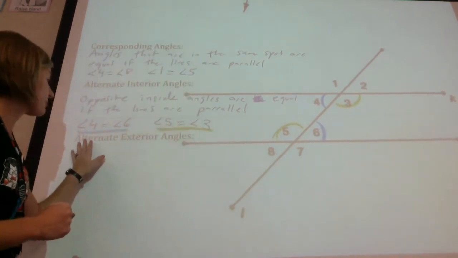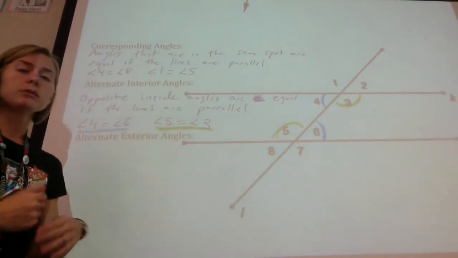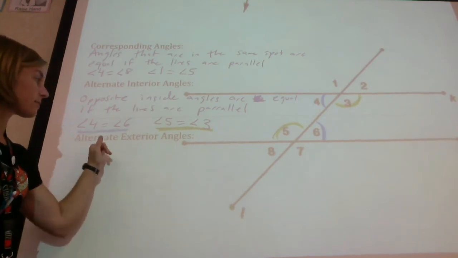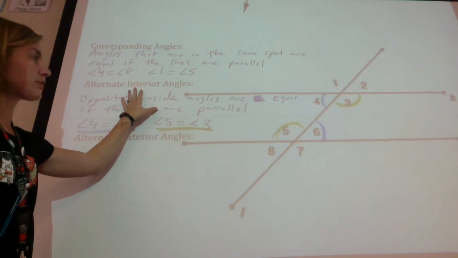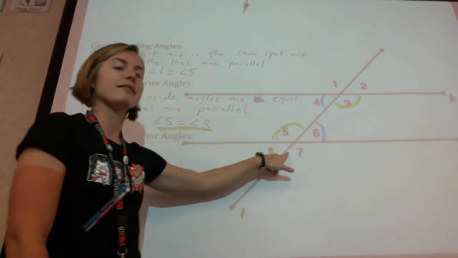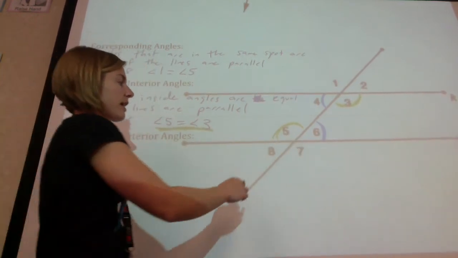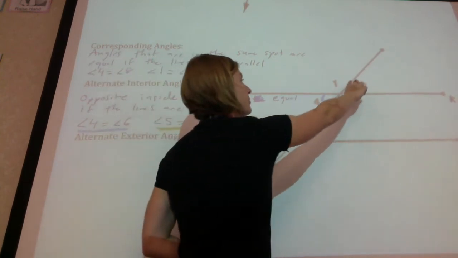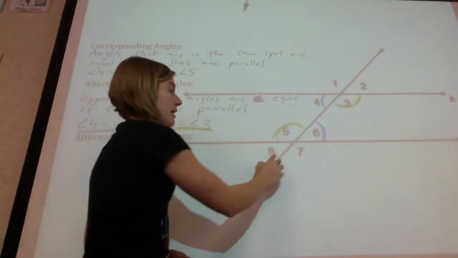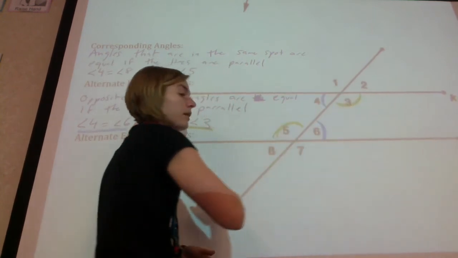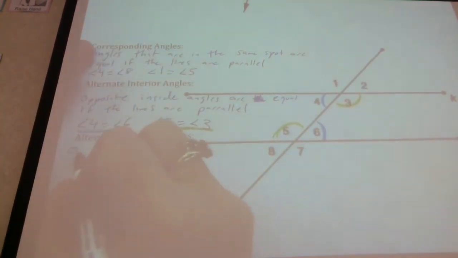Now there's another term, alternate exterior angles, which is very similar. Alternate, opposite, exterior meaning outside. So it's very similar to the interior ones, except now we're talking about the ones on the outside. So in this case, 8 and 2 are opposite outside angles, and 7 and 1 as well. So let's get that down.